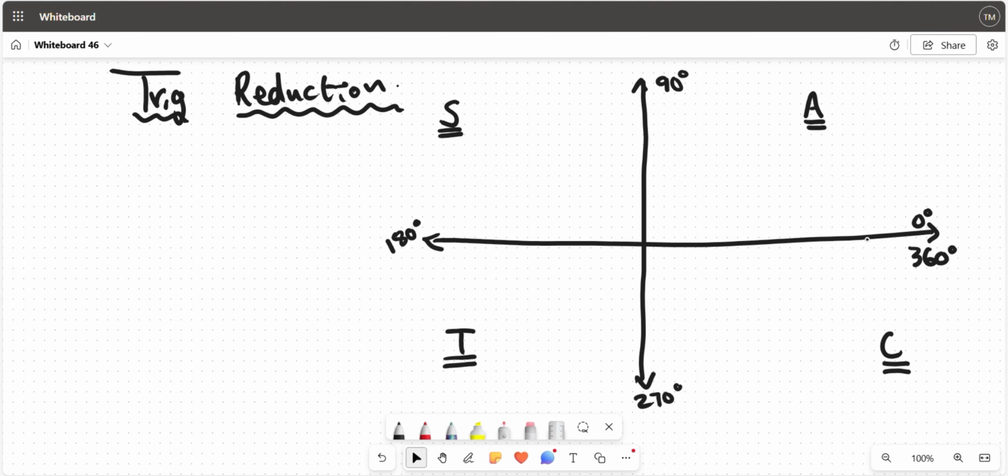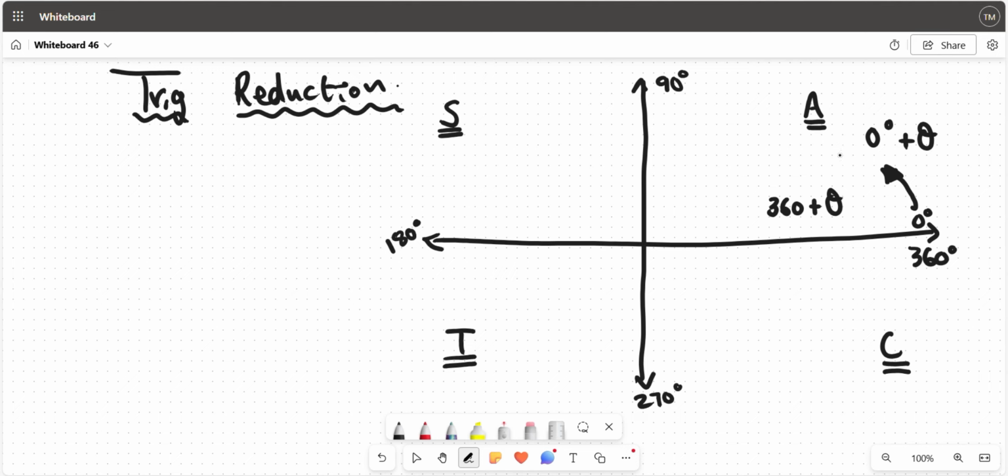So if we wanted to reduce these things, what we need to understand is that if you're in this quadrant, you're in this quadrant because you are either 0 plus theta, right? 0 degrees plus theta would put you into this quadrant, or 360 plus theta will also put you in this quadrant.